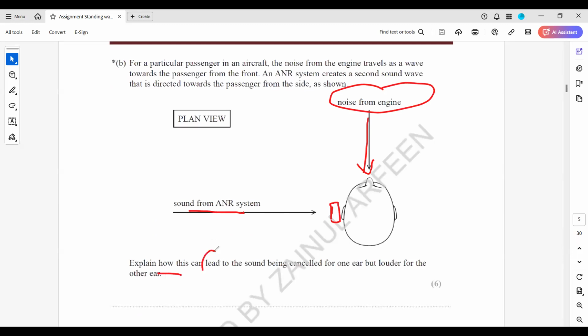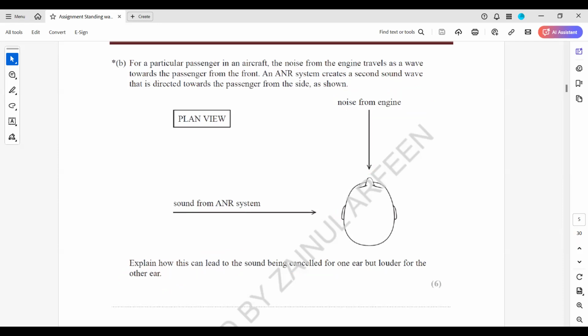Explain how this can lead to the sound being cancelled out from one ear but allowed for the other ear. It's a 6 mark question, so you have to use the proper terminologies to answer this type of question. Now, what will happen?